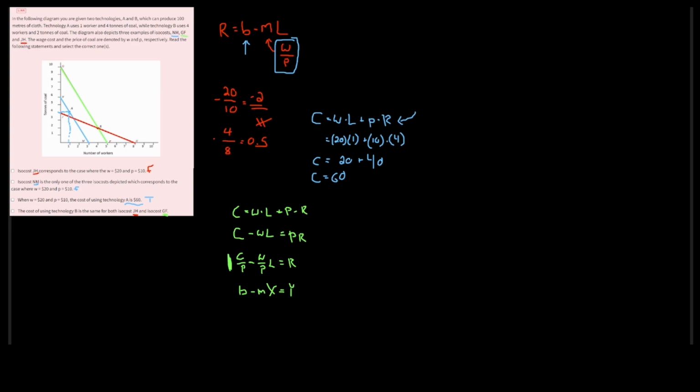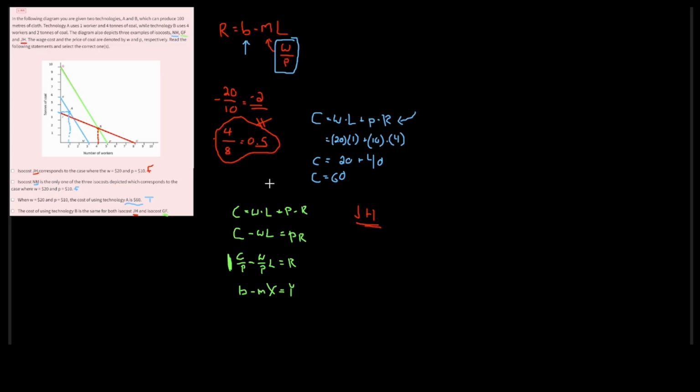And I mean, let's just try this. Let's start with JH here. So let's work through JH. We know when we worked through this earlier that JH has a slope of negative 0.5. That is the ratio, the slope, the ratio of wage to price is 0.5.